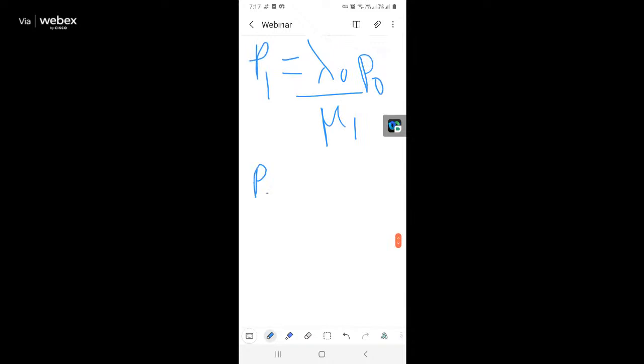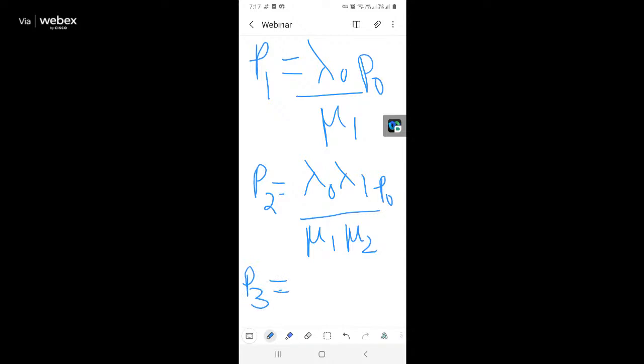P2 is equal to lambda naught lambda 1 by mu1 mu2 into P naught. Now I hope you can write what P3 is because it follows the same pattern. The only thing is lambda 2 will be additional in the numerator and mu3 will be additional in the denominator, into P naught. So this is how you can frame your Pn also.